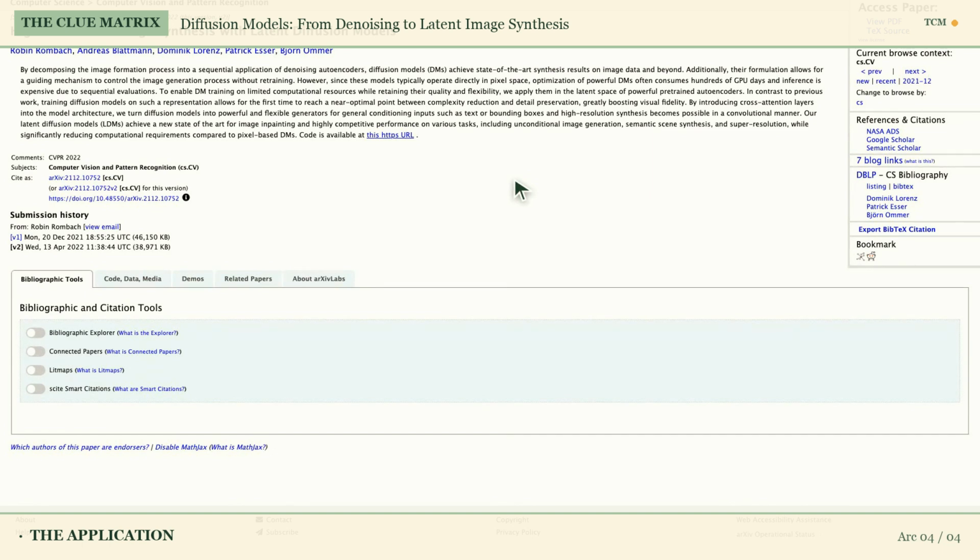Even with latent diffusion, it's important to note that generating a single image still involves many sequential denoising steps, making inference much slower than single-pass generative models like GANs. Training these models also remains computationally intensive, though significantly less so than pixel space DMs.